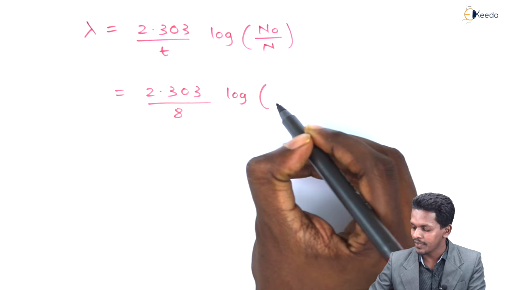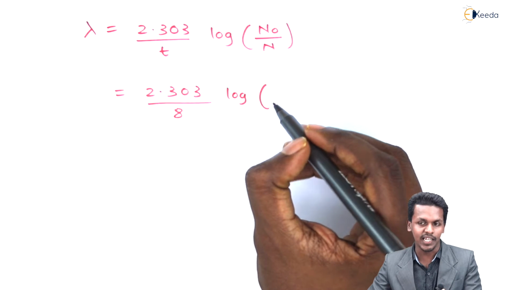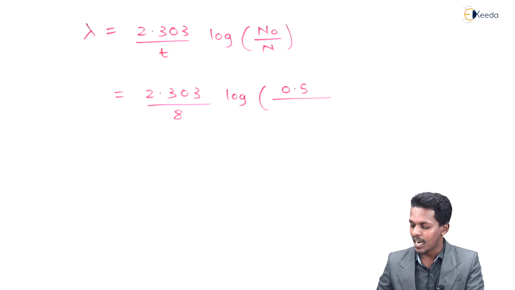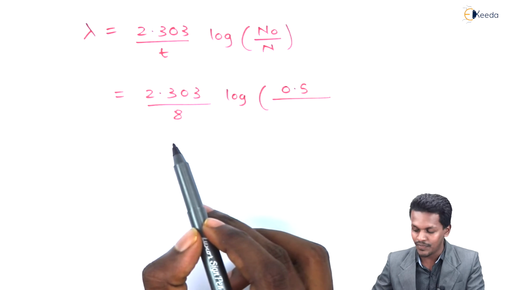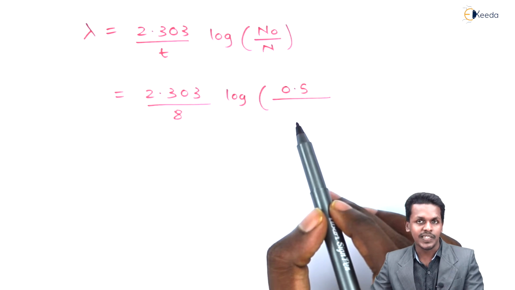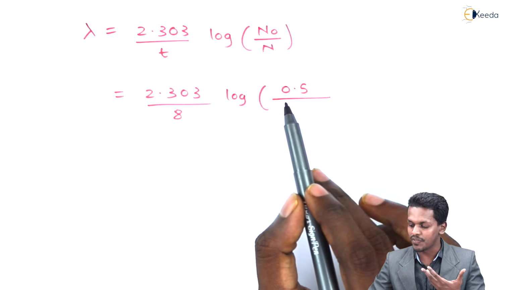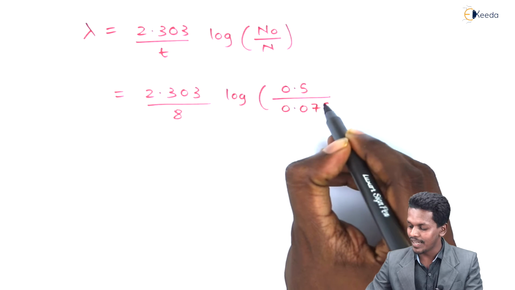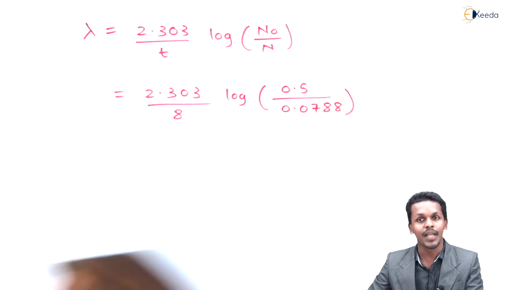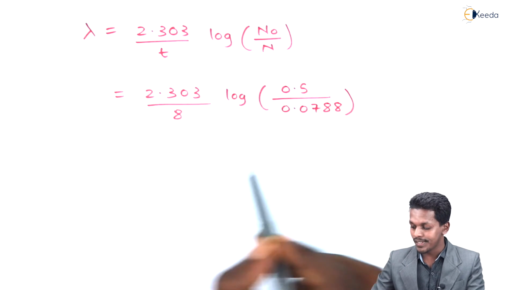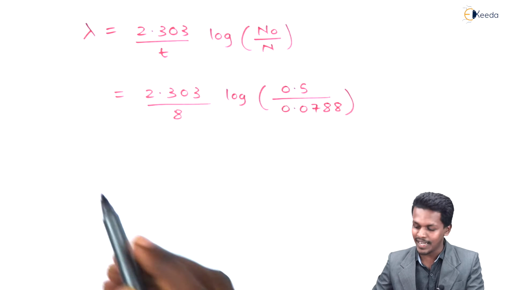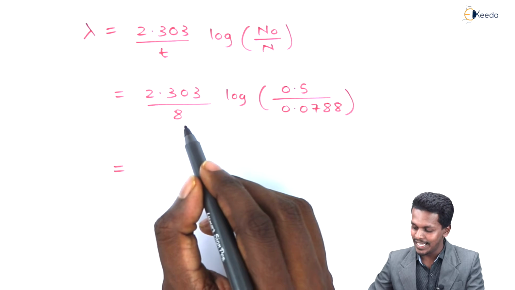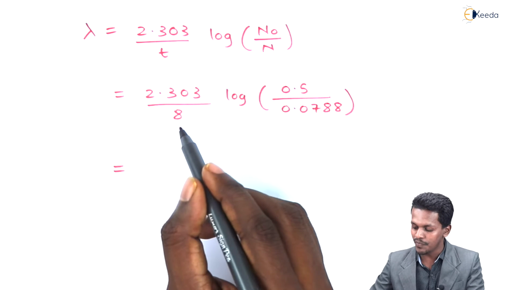The initial amount of the sample of thallium here is given as 0.5 gram, and after a duration of 8 days the amount of the sample has changed from 0.5 to 0.0788 gram. So let us see what overall answer we get from here, and what the unit of the decay constant is. First, let me write down the unit of the decay constant.